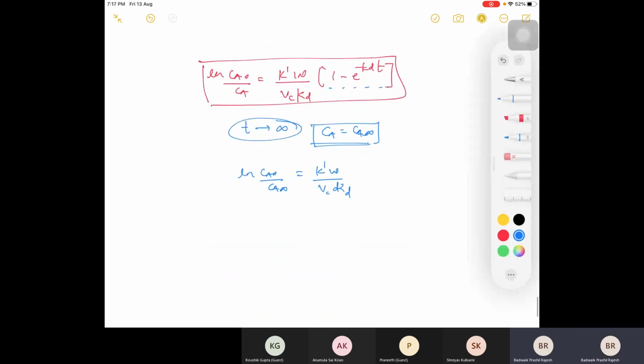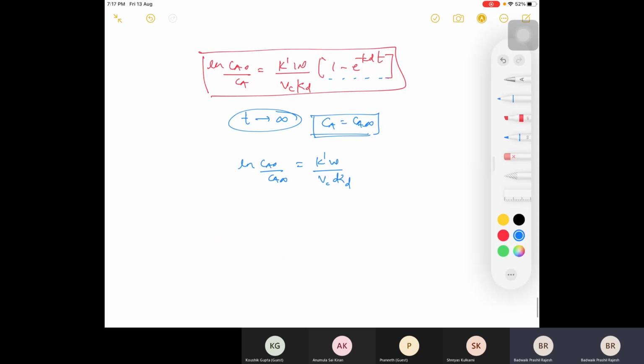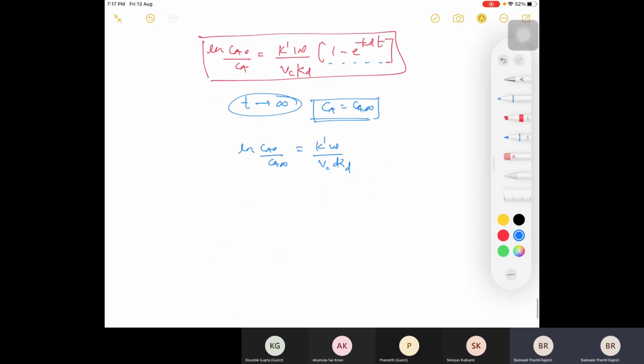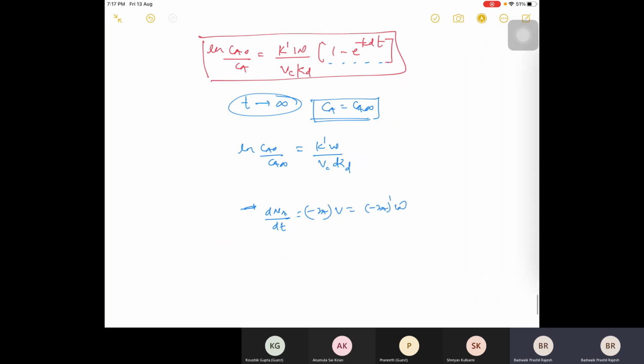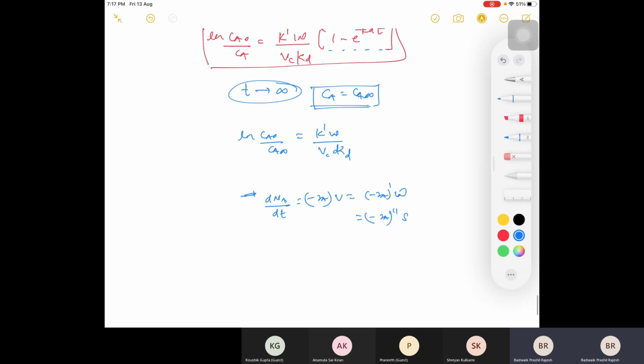So can I write in terms of surface area or volume of catalyst or volume of reaction mixture? Just I need to change: minus dNA by dt is equal to minus RA into volume of reaction mixture, minus RA' into weight of catalyst, minus RA'' into surface area of catalyst, and anything.